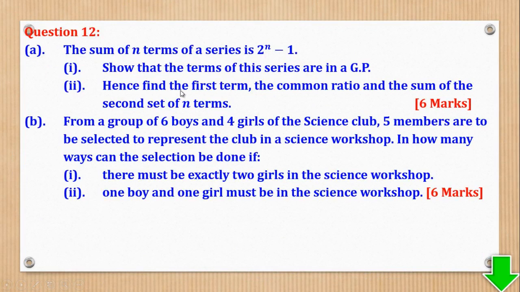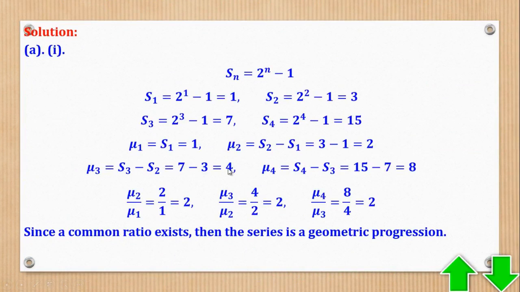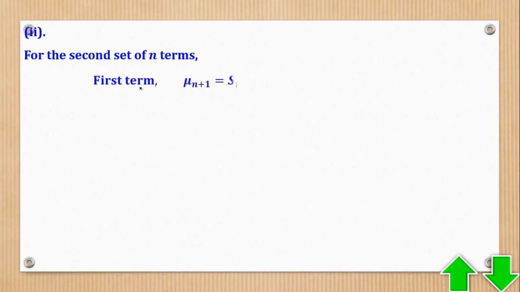Roman 2 said, hence find the first term, the common ratio, and the sum of the second set of n terms. So for the second set of n terms, first term will be n plus 1, which is given by subtraction to give you this.